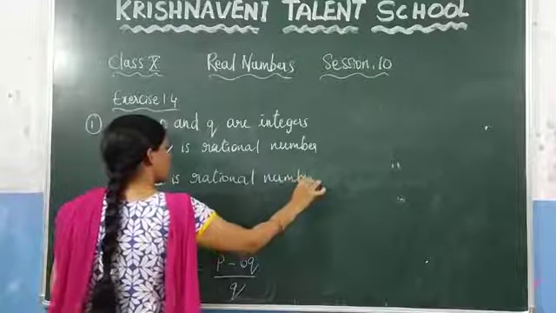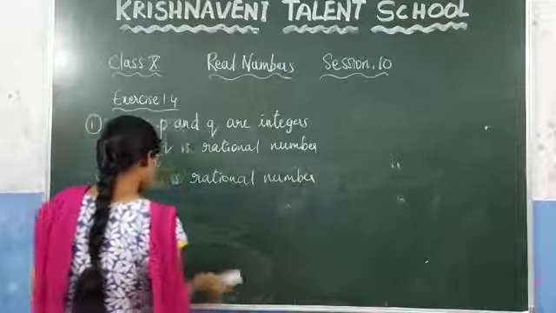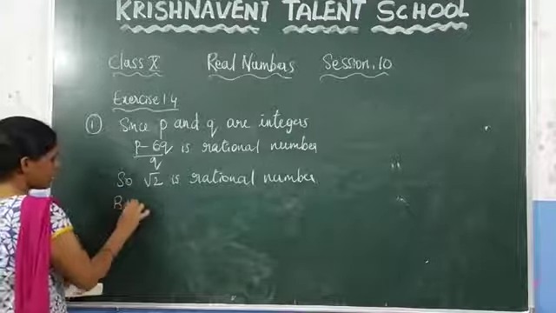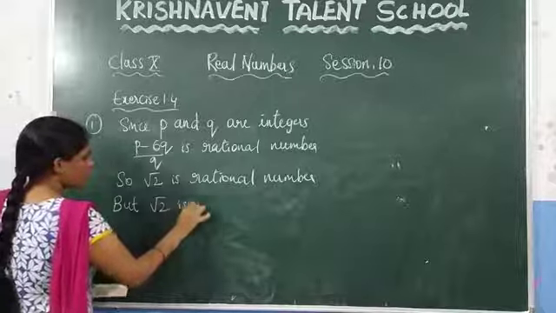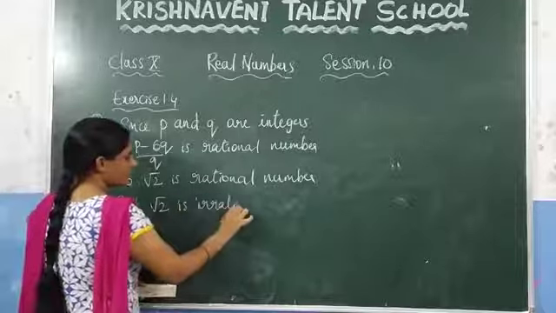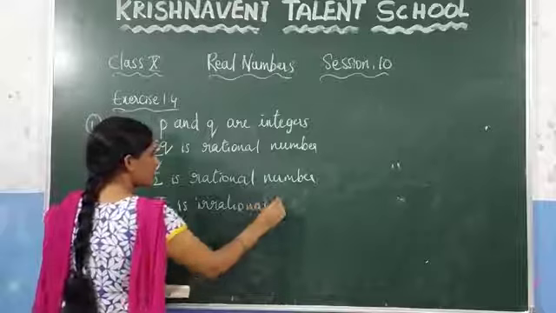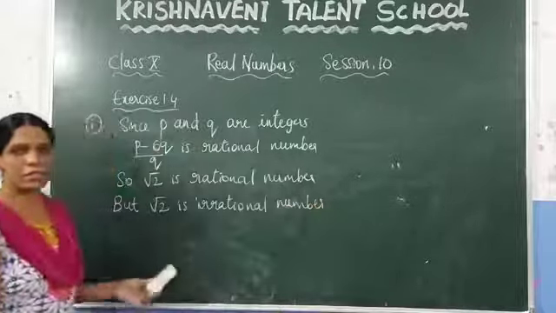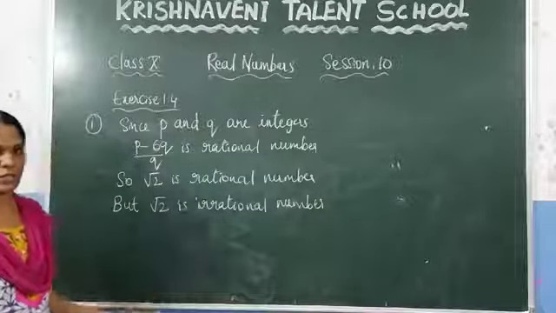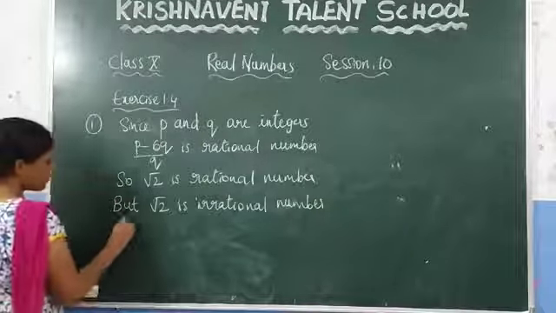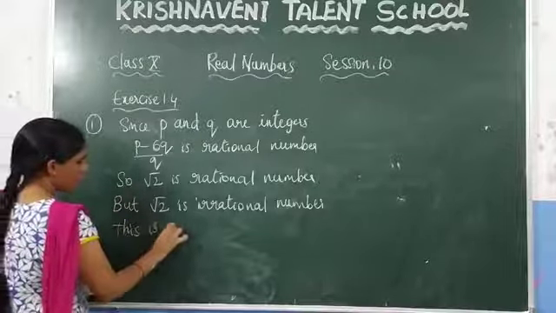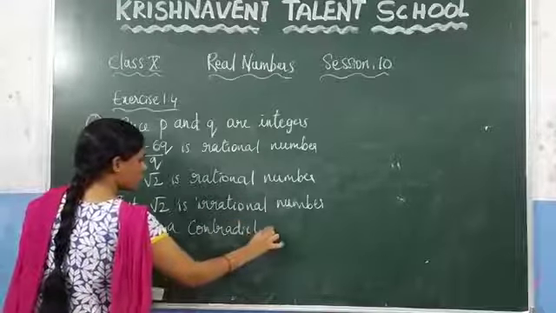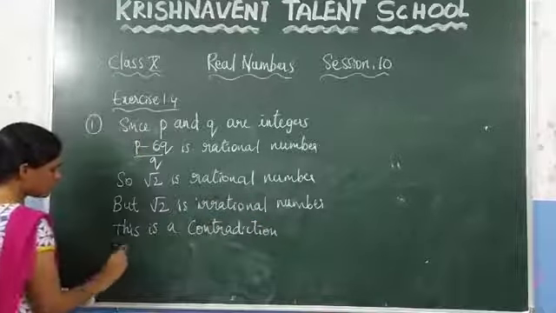Is root 2 a rational number? No. You know that root 2 is an irrational number. We already solved in an example. But, write it here. But root 2 is an irrational number. So why did this all happen? Because of our contradiction, we assumed that this 6 plus root 2 is rational. So write it here. This is a contradiction, or this is the false statement or equation. So write it.